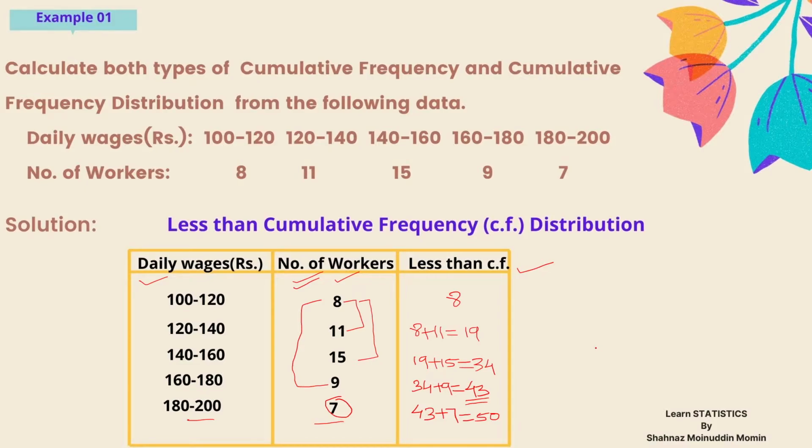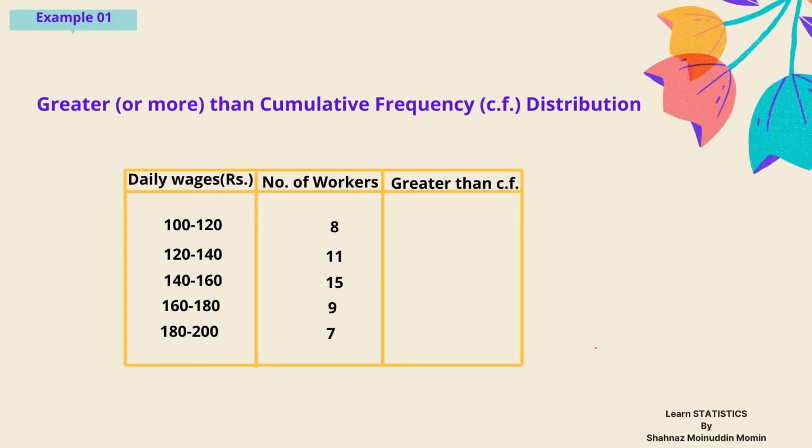Now let us calculate the more than or greater than cumulative frequency. Write down the daily wages and number of workers in a tabular form. In order to calculate the more than cumulative frequency, we start from the bottom of the frequency column. Here we start from the last value of the number of workers, which is 7.